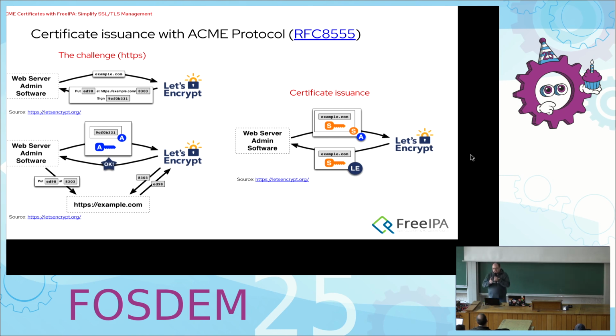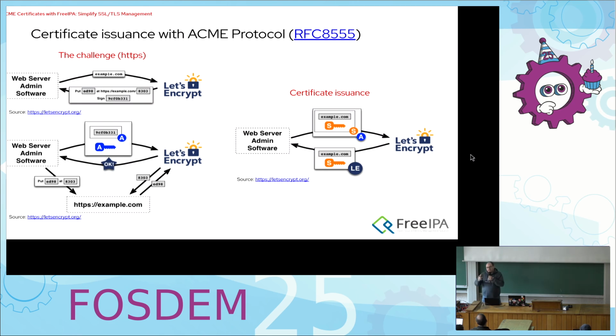For instance, example.com here. Then the server gets this encrypted file, decrypts it using the public key from the client and compares with the nonce it sent to the client. If both are the same, the challenge is solved. So the public key for the client is authenticated and validated to ask for certificates for the domain, okay?